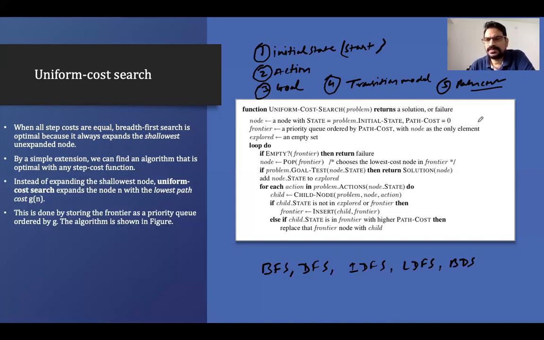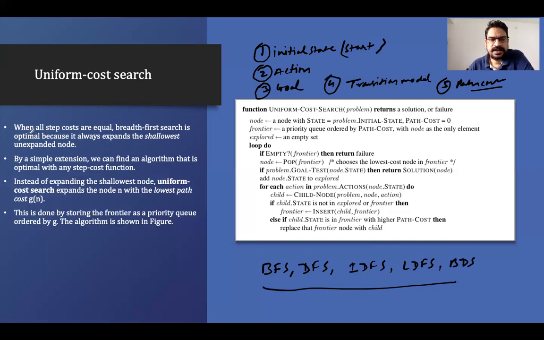Once we get the solution, we find out the path cost. But in uniform cost search, the path cost is taken into consideration from the first step. That is the difference between the other searching algorithms and the uniform cost search algorithm. That's why we say uniform cost search at the very last.